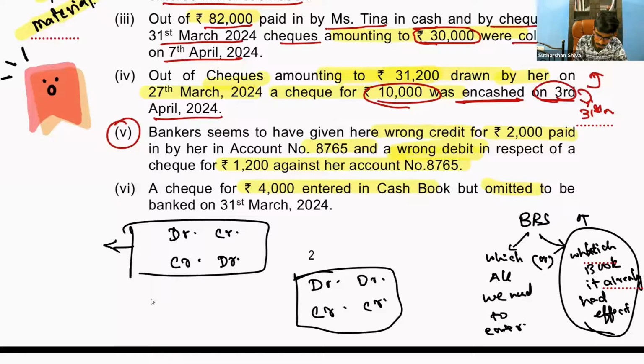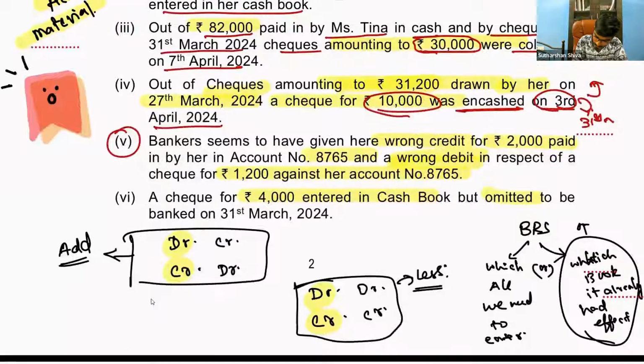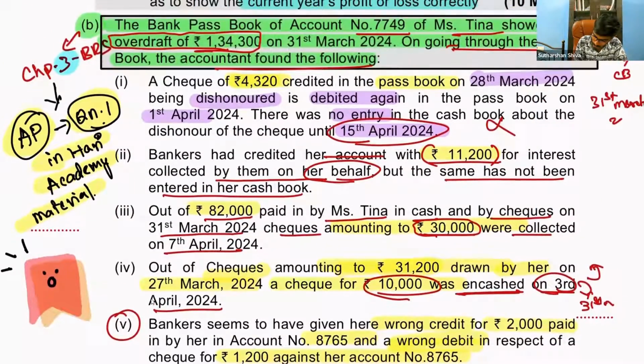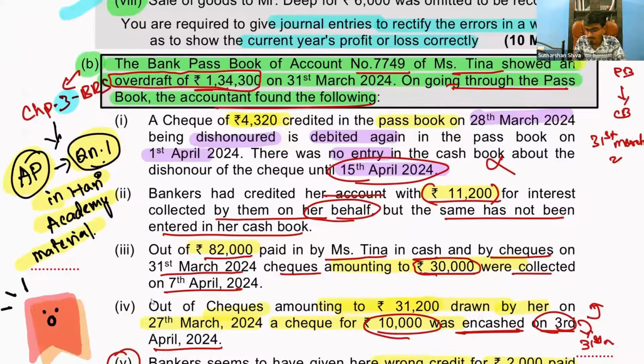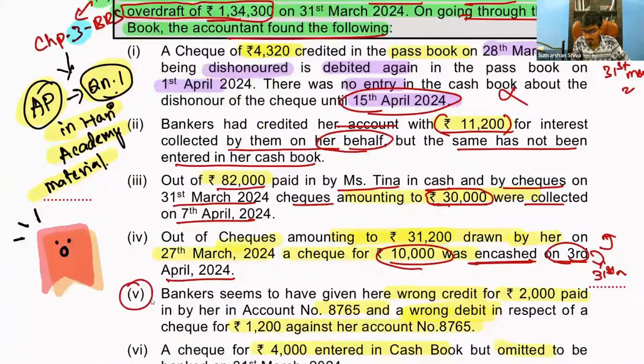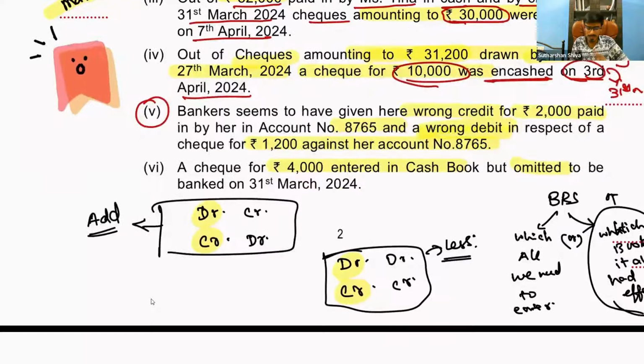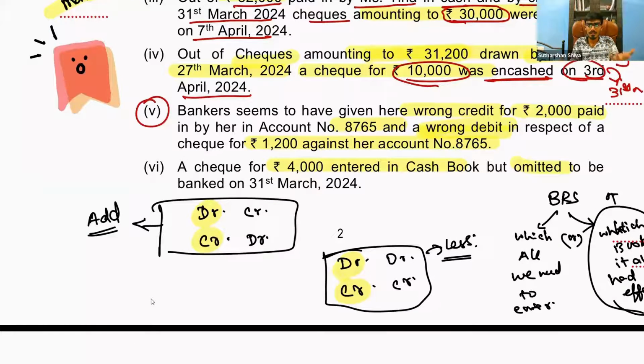Debit, credit, or credit, debit, we will add it. Debit, debit, credit, credit, we will less it. Here, the first point which we will take is your starting point, that overdraft balance as per that. That is your starting point. From that, we will take a decision whether we need to add it or whether we need to subtract. This is one way. Whatever the method you learn, some of them will go with the hands method. Whatever the method you learn, you can easily do it by that method.